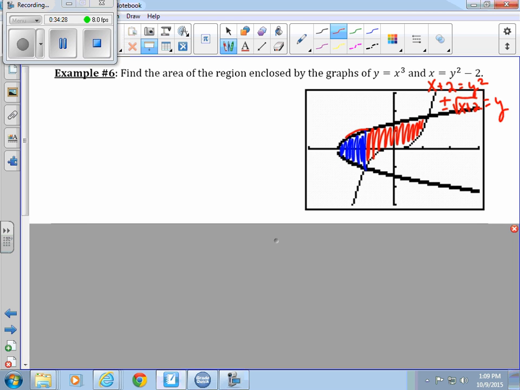However, what is x? It's y. Turn it this way.